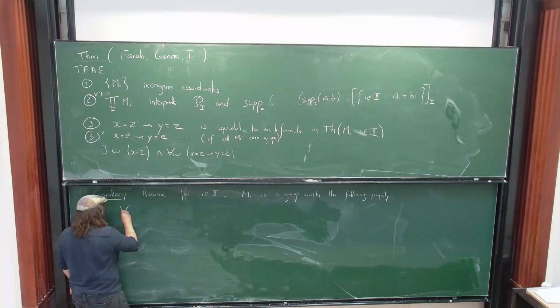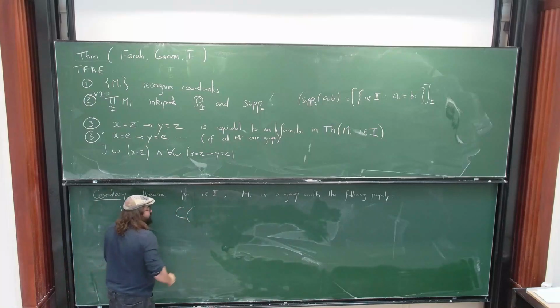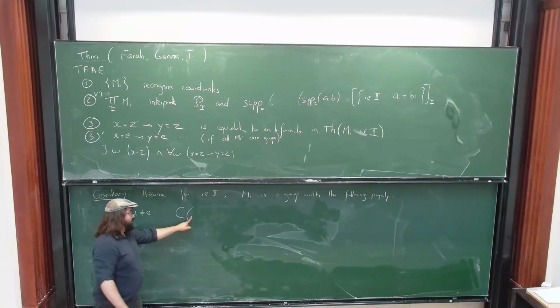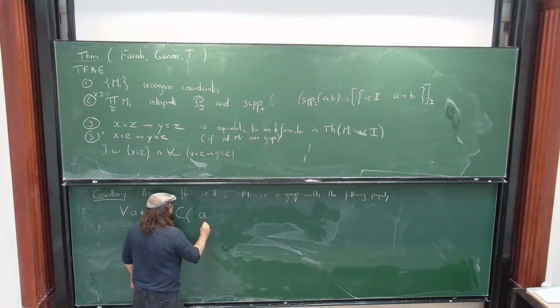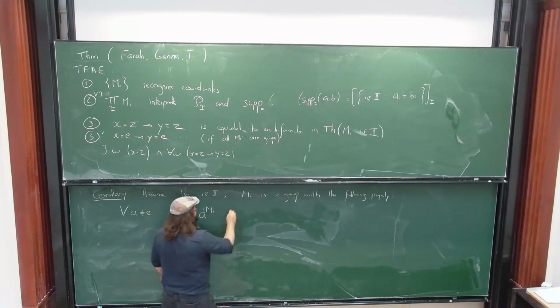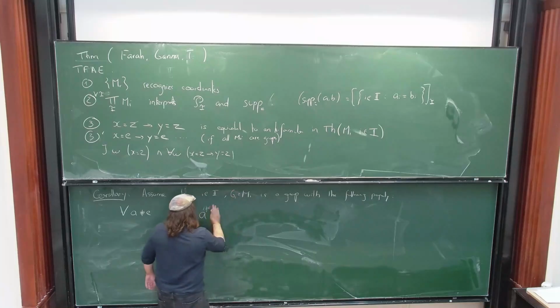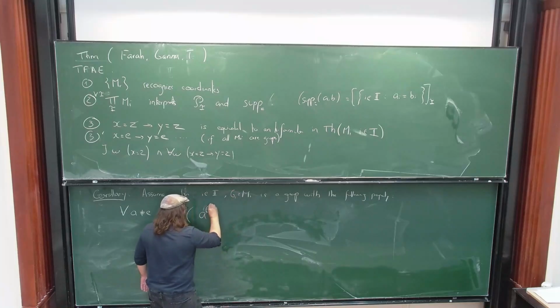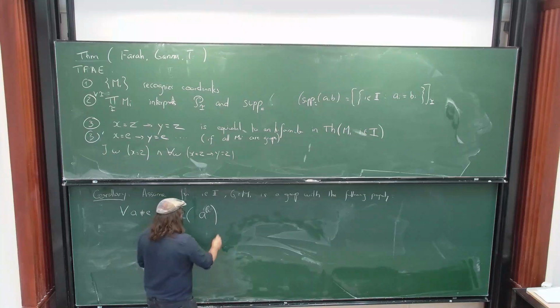For all A not equal to E, the centralizer, the set of elements commuting with the conjugacy class of A, let me call the group G, is equal to E.